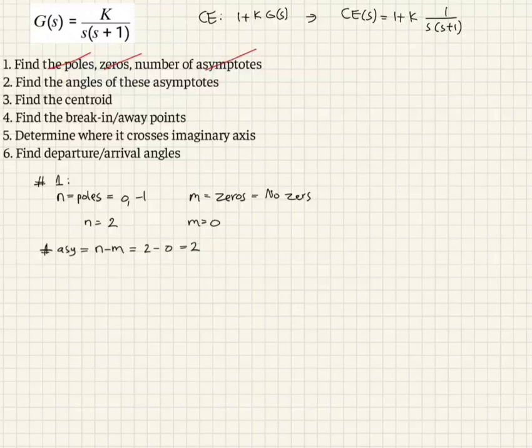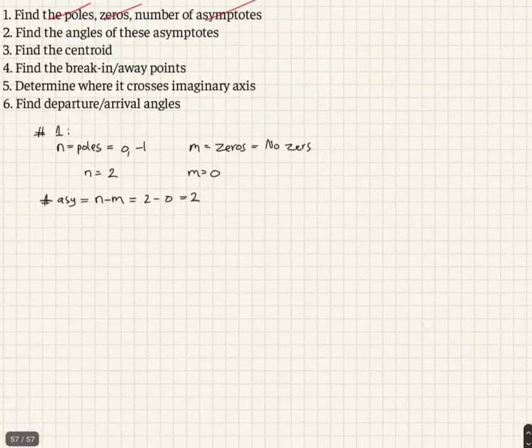Now we know how many asymptotes we have, so the first step is done. Next step, we have to find the angles of these asymptotes.